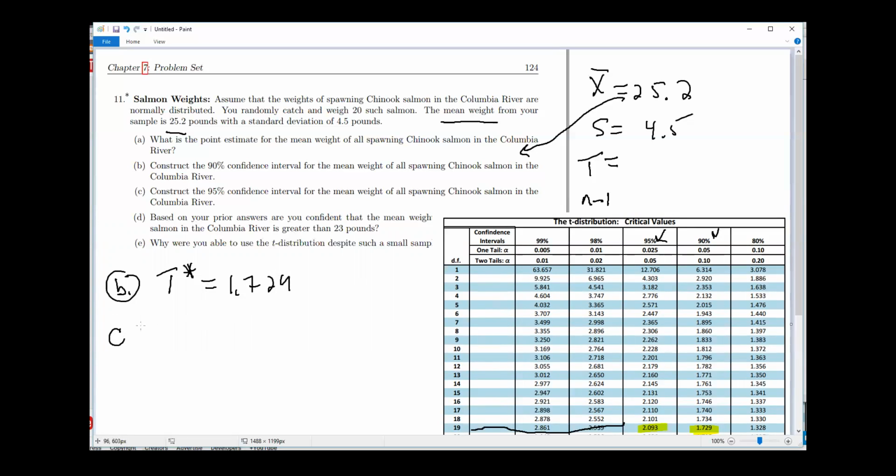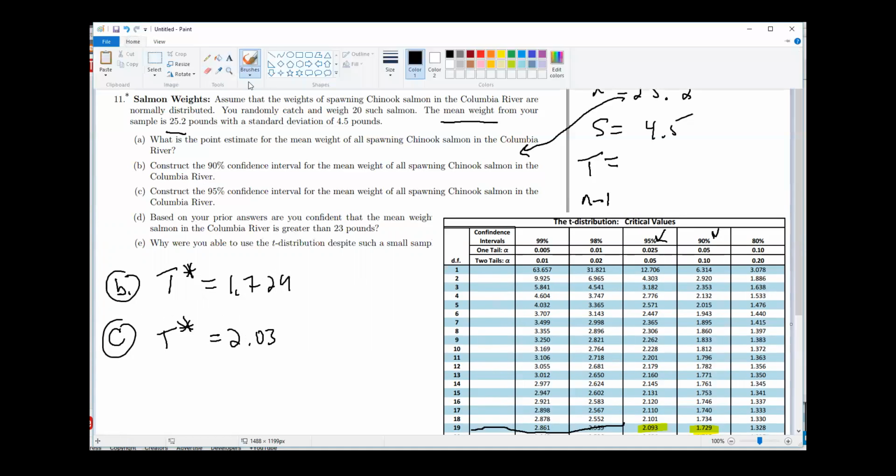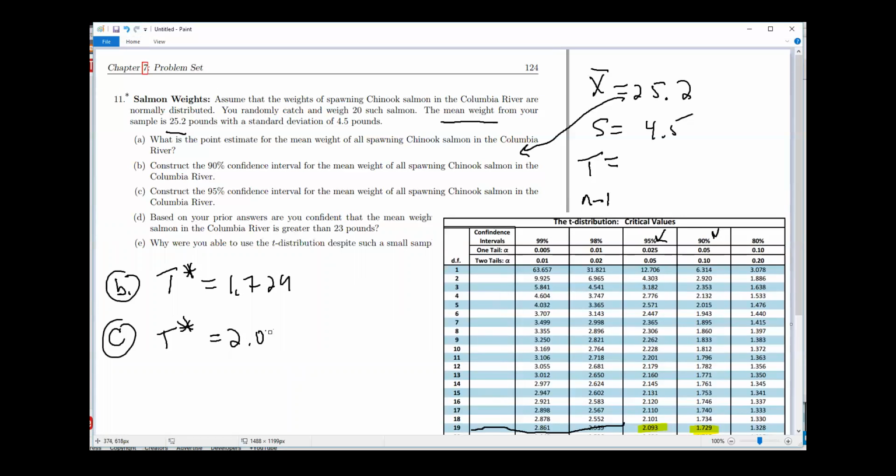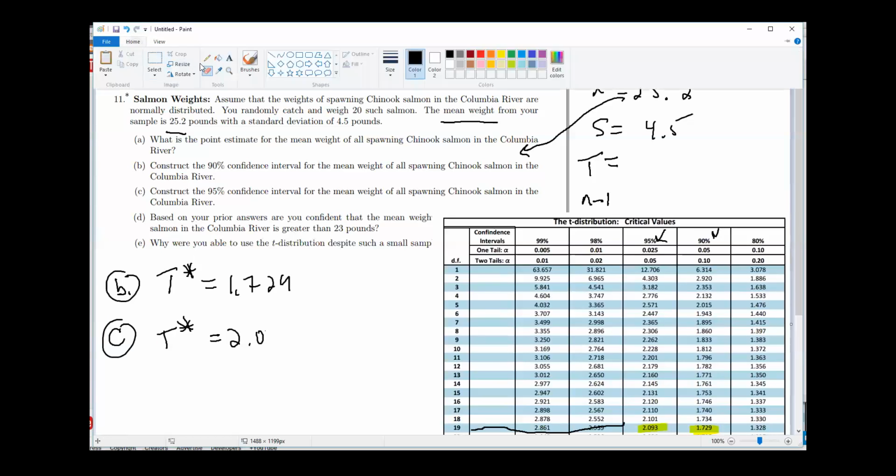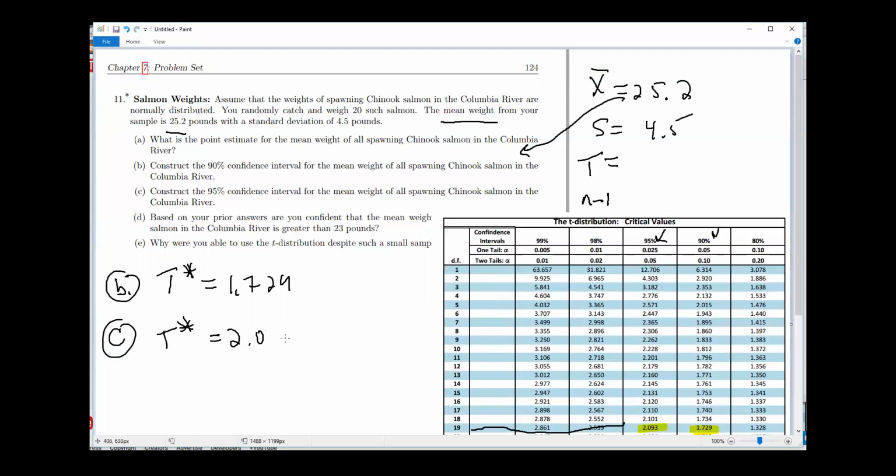And for part C, we're going to use t star equals 2.093 to go out a little bit further, to account for that extra variation with a higher level of confidence. That should be a 2.093, let's fix that.